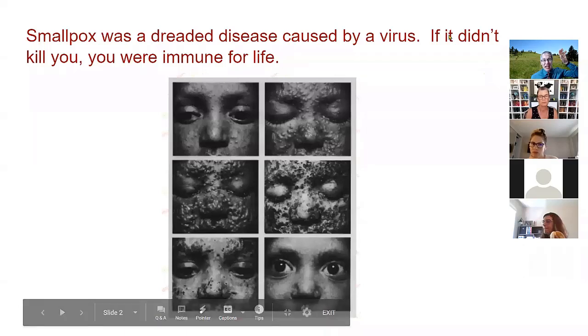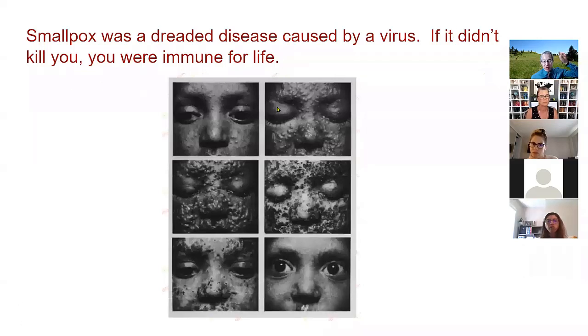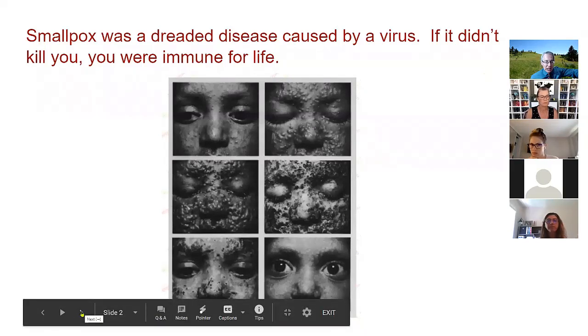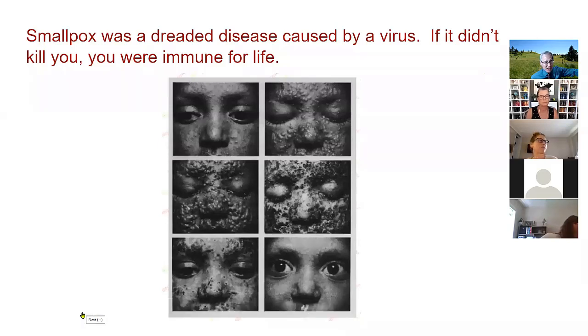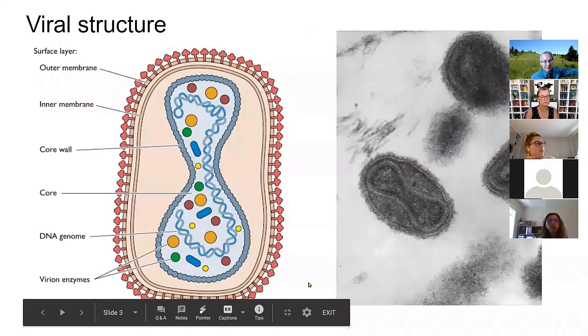So if it didn't kill you, you were immune for life. And this has been known since ancient times. But people didn't have any way to treat it or any way to prevent it from occurring to you until about 1800. So I get to show you that data.